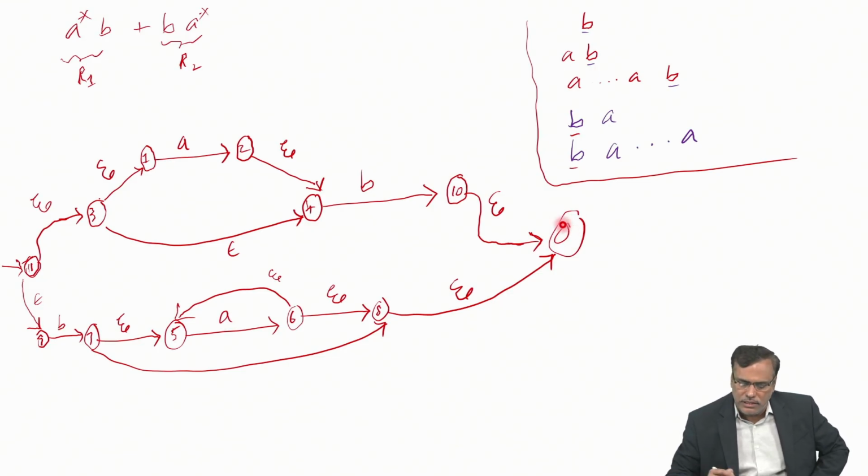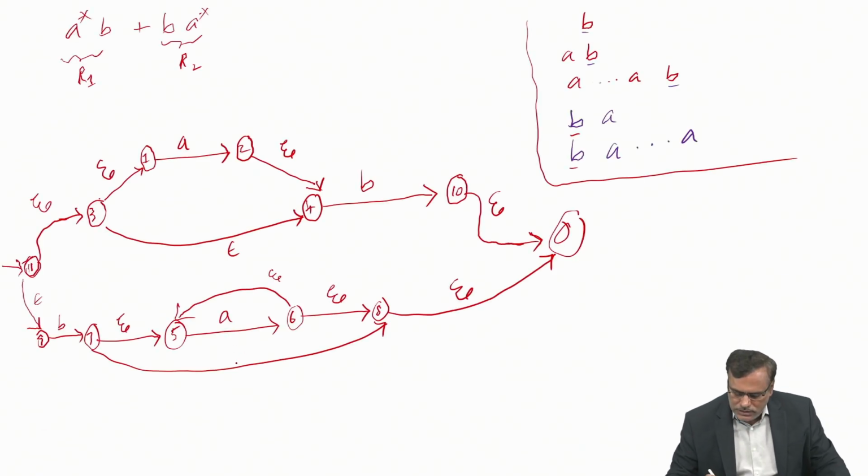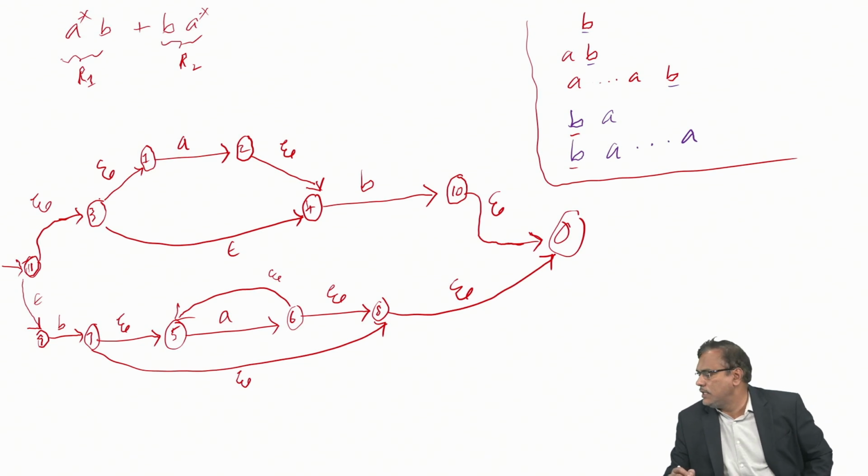Otherwise, you can get that b from the R1 part or the R2 part. Here I have to write the epsilon transition, it is missing. So b is going to get accepted in this fashion.